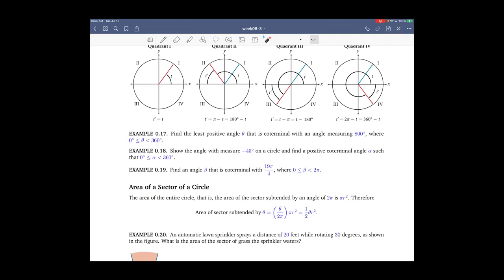The idea in all these problems is the same. If you're measuring angles in degrees, you need to divide whatever your angle is by 360 with remainder. And if you're measuring in radians, you need to divide your angle by 2 pi with remainder.